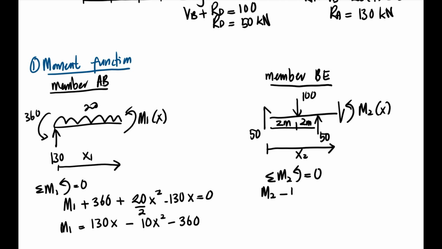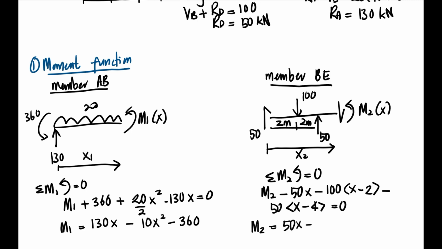M2 minus 50x minus 100 bracket x minus 2, minus 50 bracket x minus 4 equal to 0. So the moment function for 2 is equal to 50x plus 100 bracket x minus 2 plus 50 bracket x minus 4.